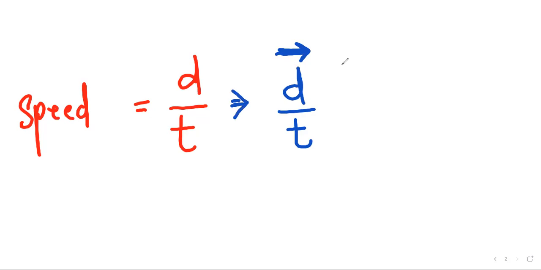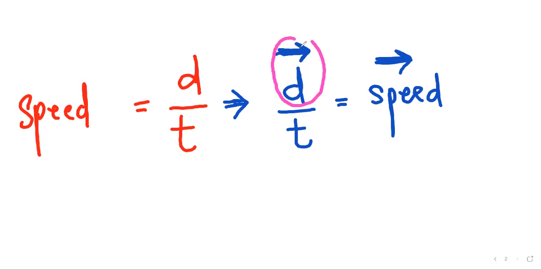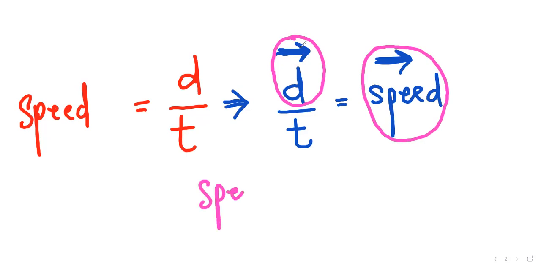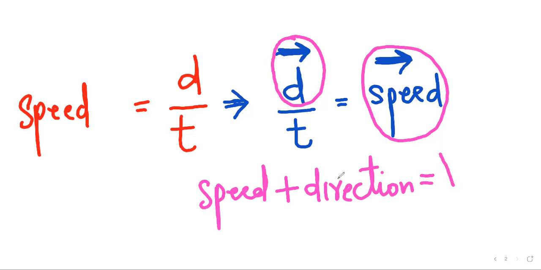So with distance having direction, speed will also have some direction. So speed with some direction is called velocity.